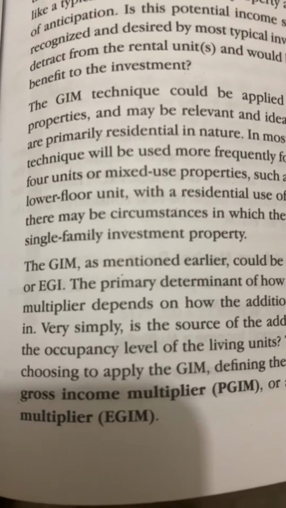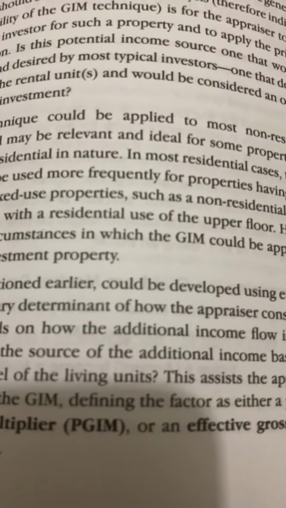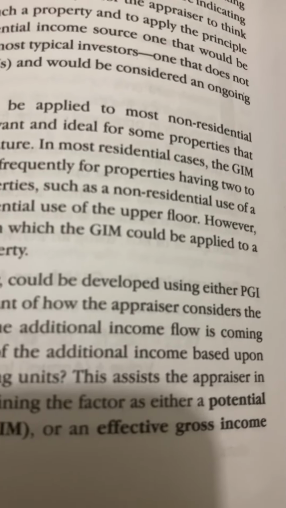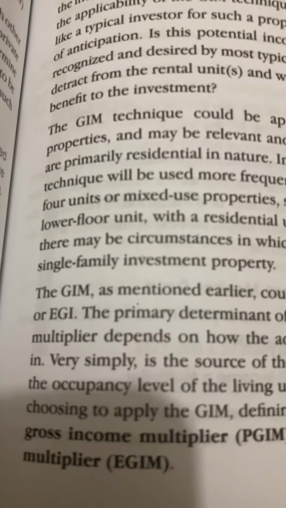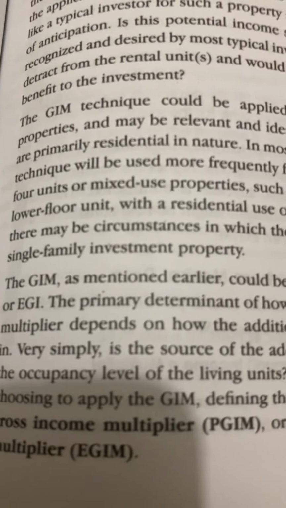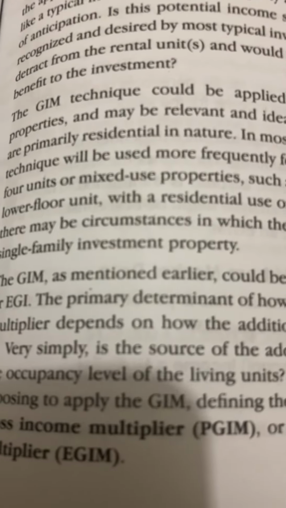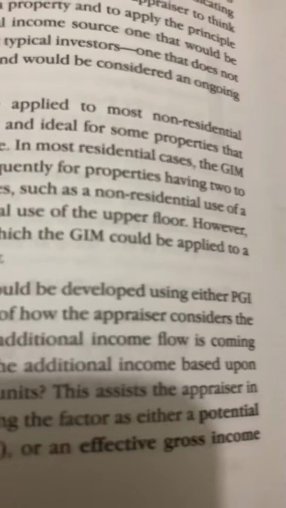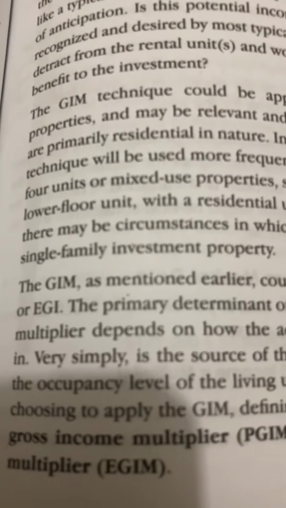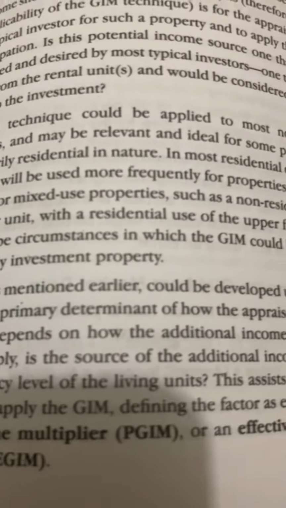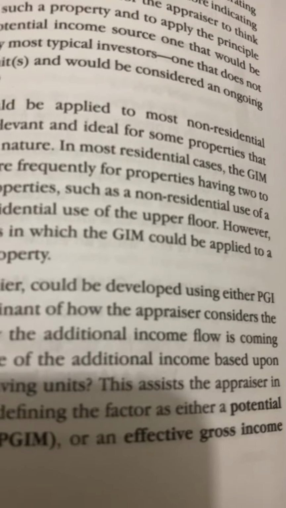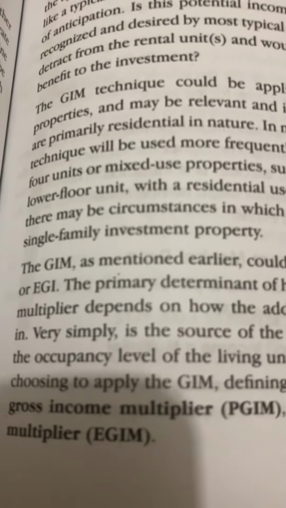The GIM, as mentioned earlier, could be developed using either potential gross income or effective gross income. The primary determinant of how the appraiser considers the multiplier depends on how the additional income flow is coming in.